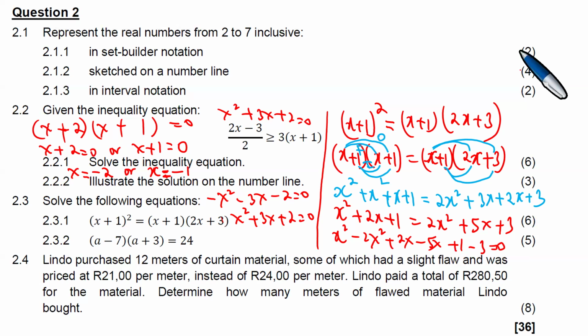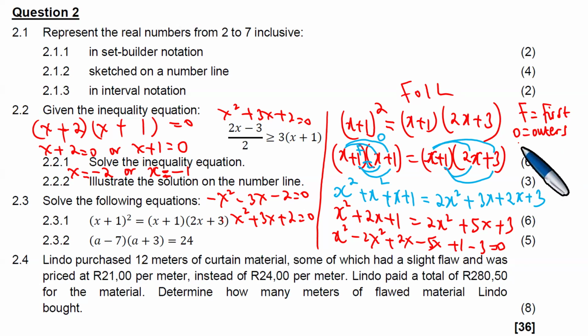Let's just remind each other. Because we are using the word FOIL, the F stands for the first. The O stands for outers. The I stands for inners.